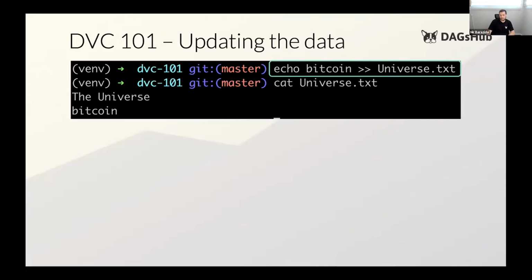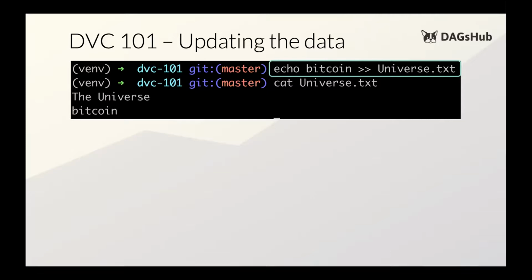What will git status... you also updated DVC first? So you're saying that Git will show that this file was updated? No. Okay, what did you say? Before that, first we need to update DVC and then Git.